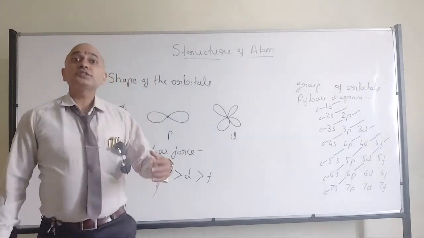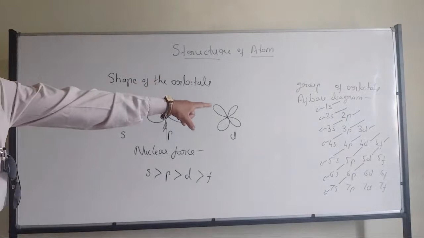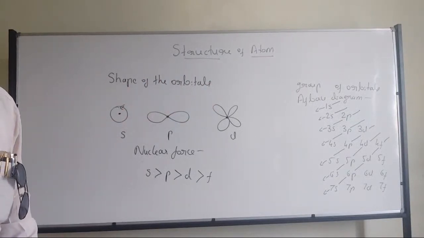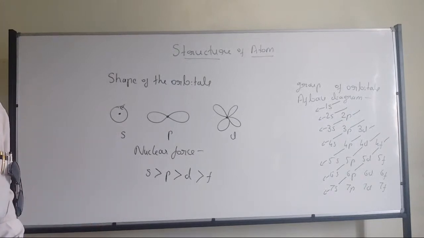So that is also one of the reasons why we can see the difference in the electron distribution, which is also decided by which subshell. All of you got my point? Any doubts in this?